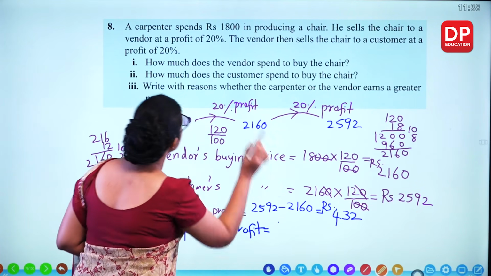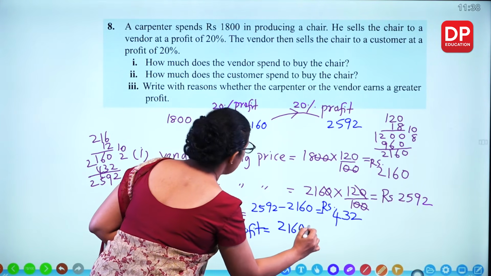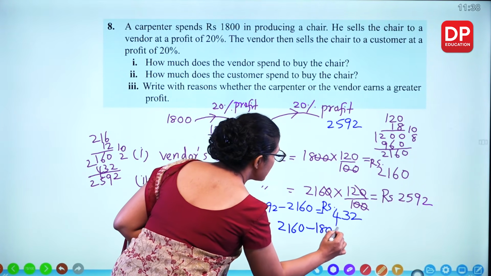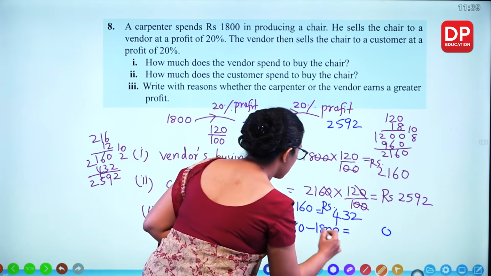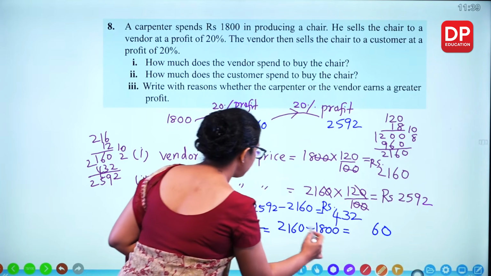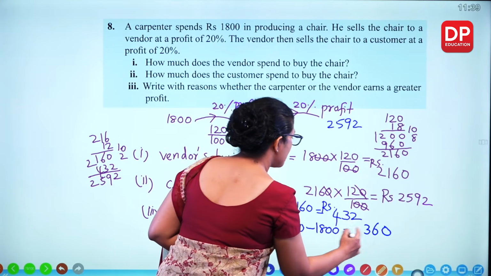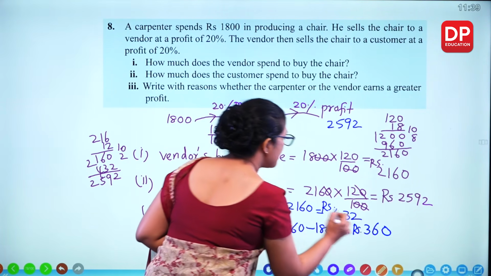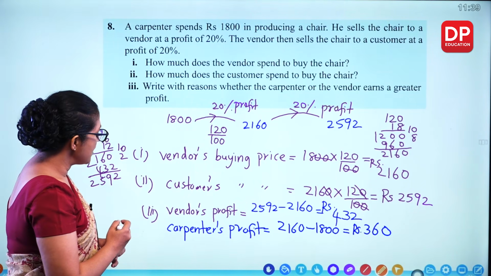Carpenter's profit is difference between these two, 2,160 minus 1,800. What's the difference? 0, 6 there, 3. So 360 rupees.